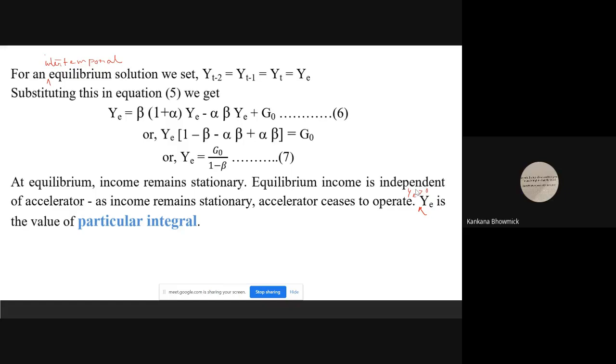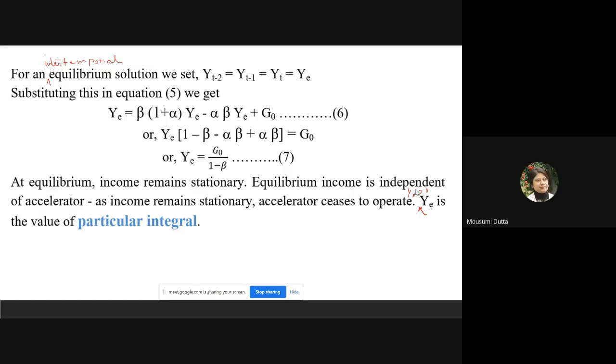Ma'am, can you explain once why beta lies between 0 and 1? Do you know what is MPC, marginal propensity to consume? Yes, ma'am. So what is marginal propensity to consume? Change in consumption due to change in income. Yes, ma'am.